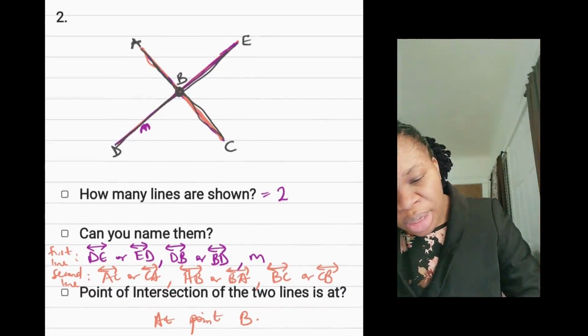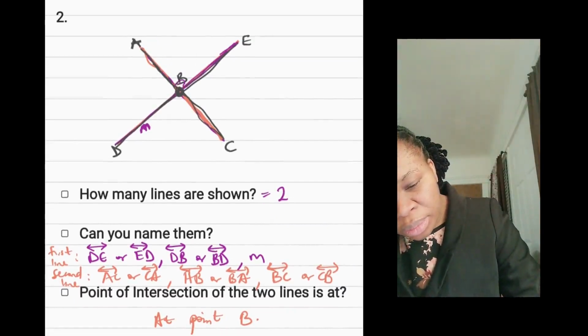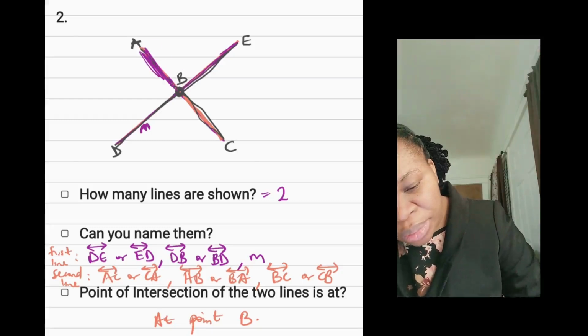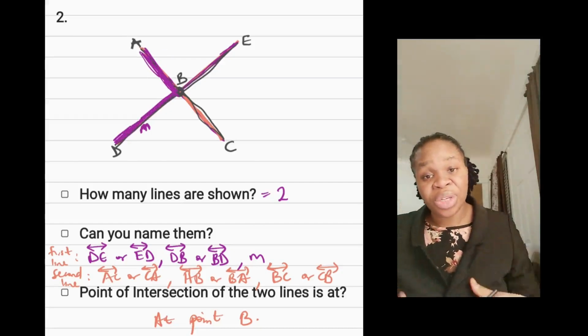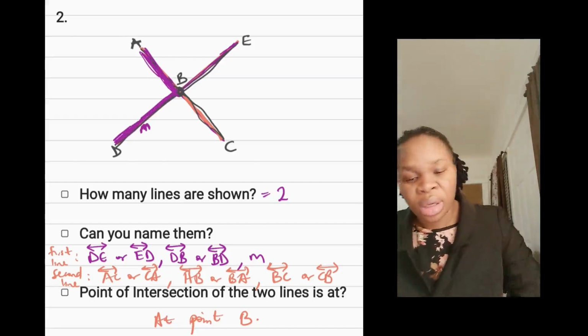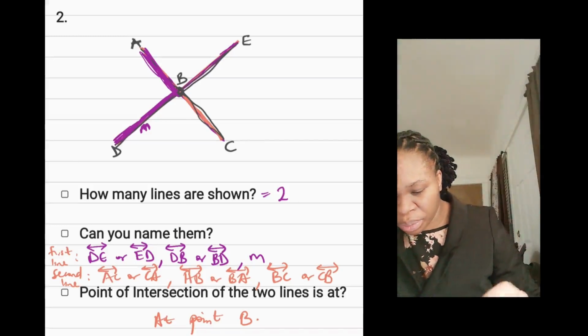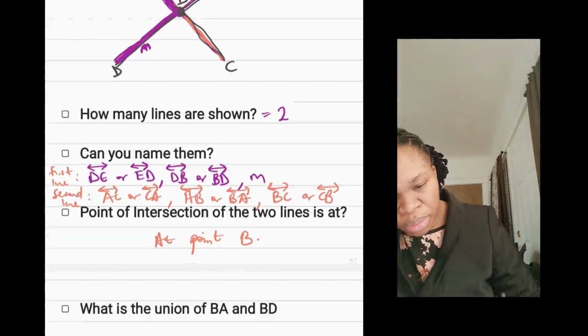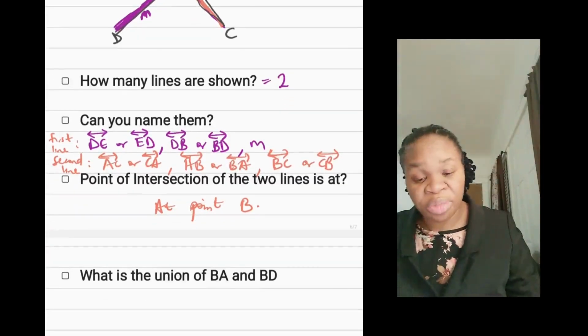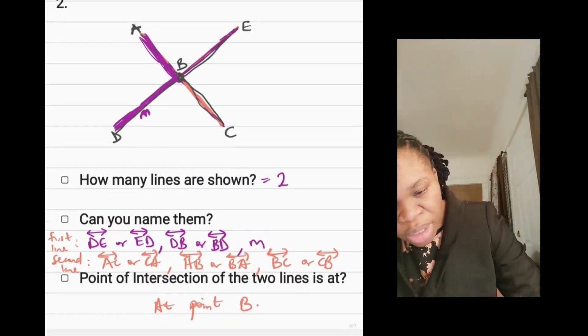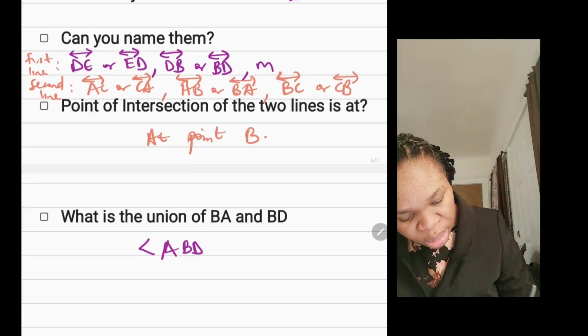This is my BA and this is my BD. So what is the union? It means the combination, just as you have it in sets. So the combination of both is angle ABD.